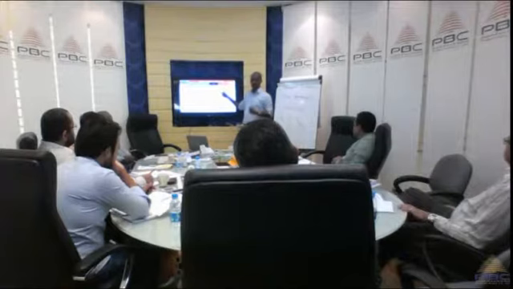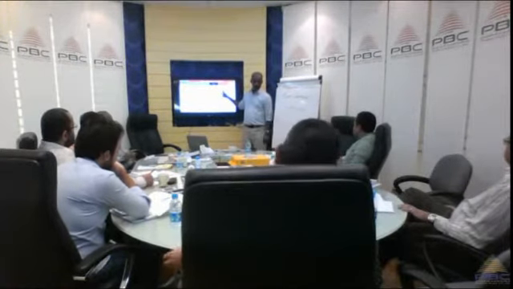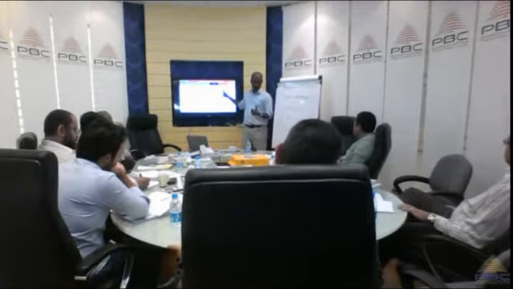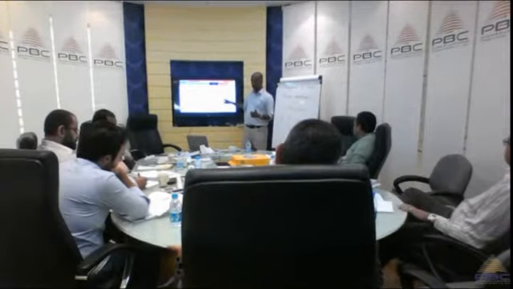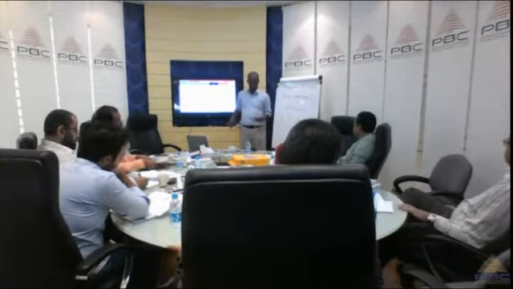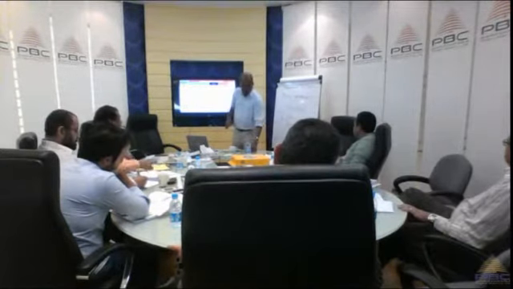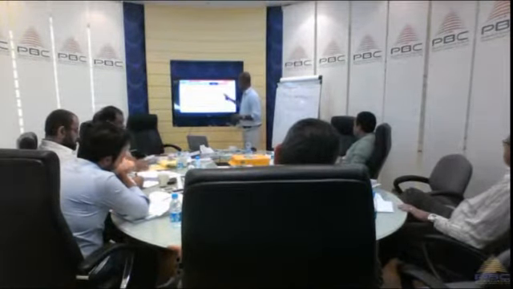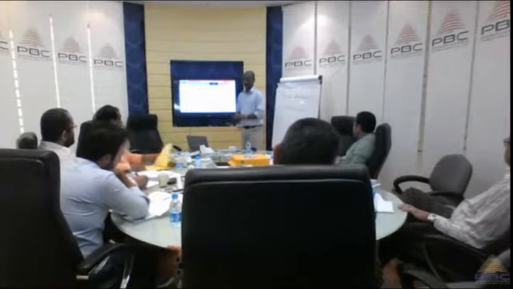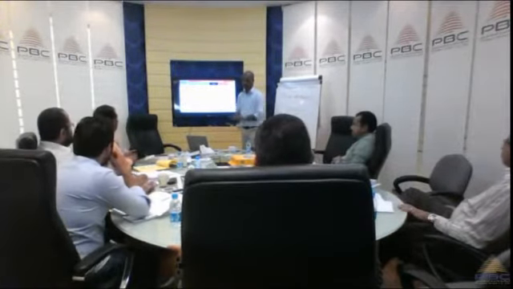So the outcome of validate scope is accepted deliverables by the client. Remember, here we check for completeness and correctness, while here the client accepts the deliverables.